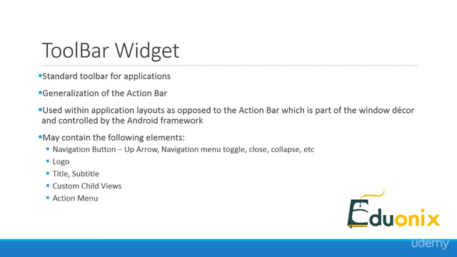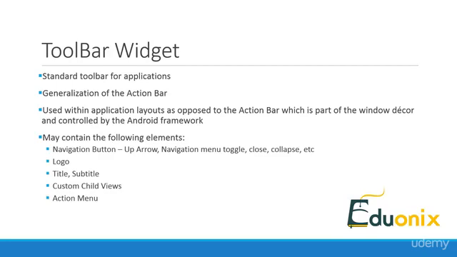The toolbar can contain elements like navigation buttons, like the up arrow, navigation menu toggle, close, collapse, and more, a logo, similar to the action bar icon, that can be used to display the branding for the application. A title or subtitle, again similar to the action bar, allows us to inform the user of their current position in the application, with a subtitle providing additional information about the current content or state in the application.